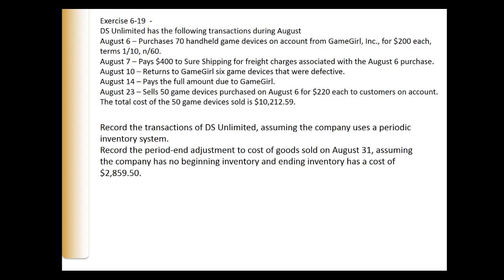We want to record the transactions using a periodic inventory system, and we record the period end adjustment to cost of goods sold on August 31st, assuming the company has no beginning inventory and ending inventory has a cost of $2,859.50. So this is not perpetual, this is using the periodic system.